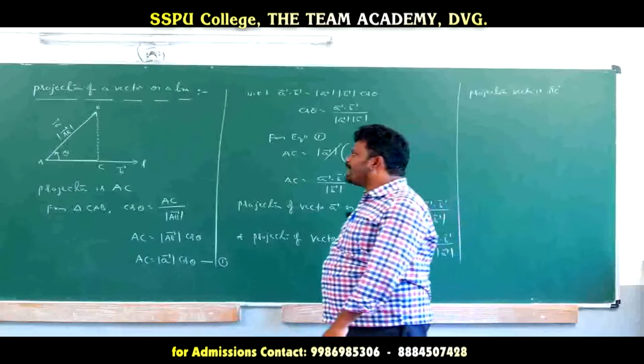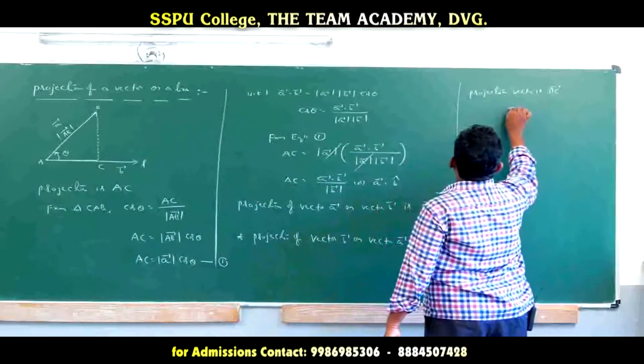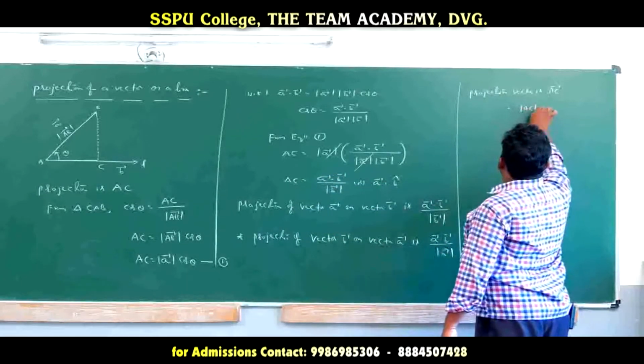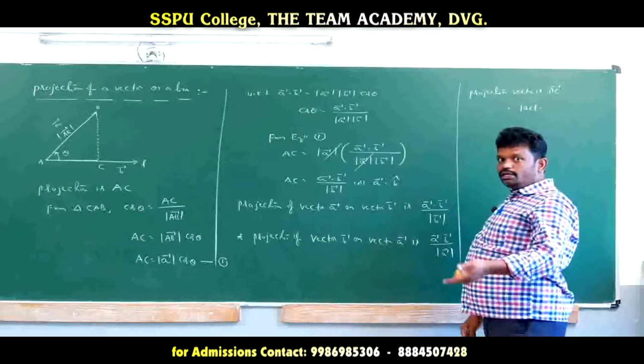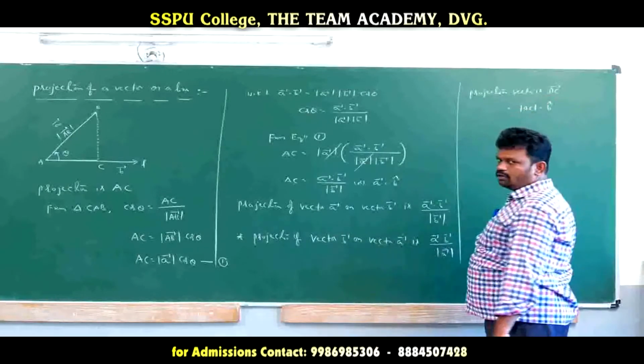So this is the magnitude value. The AC vector is the magnitude of AC times the direction of B vector, meaning the unit vector B cap.